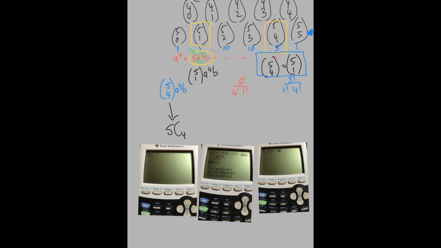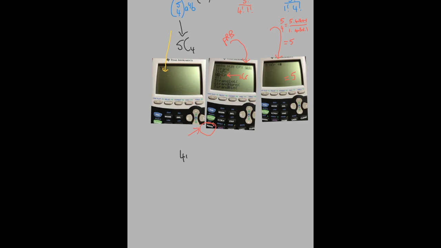I first enter 5 into the calculator, and then I go to this symbol here, math, and then I go to probability, PRB, and choose this one here, nCr, and then I press enter, and then I put in 4, and the answer that it'll give me will be 5, because 5 choose 4 is equal to 5. So it's 5 times 4 times 3 times 2 times 1 over 4 times 3 times 2 times 1 and 1. It's 5. So I don't need to generate a list. I can just go straight to that term.